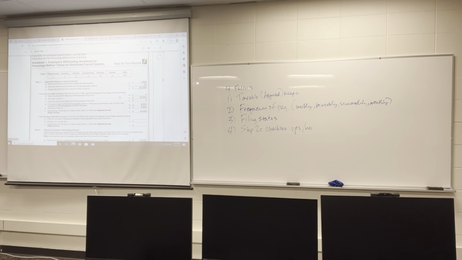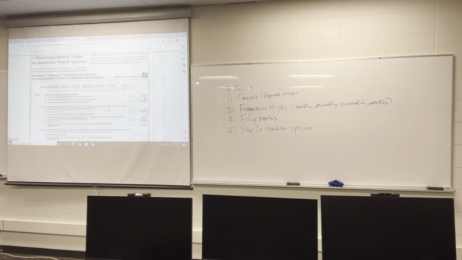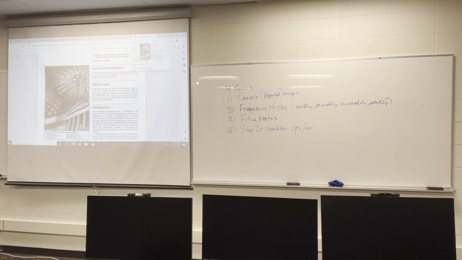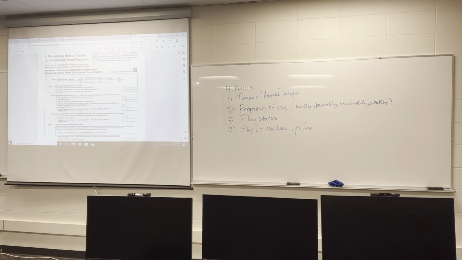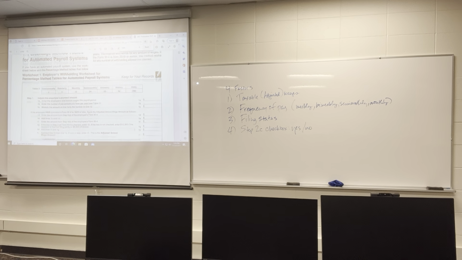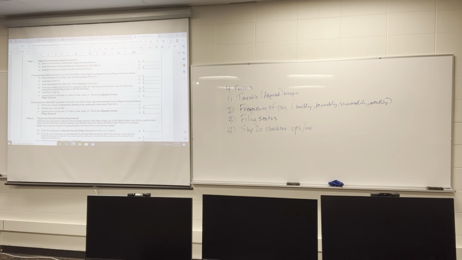Okay, and then all the calculations. Now this 8,600, there's a box here. I know this is hard to see. Maybe I'll pull it up on here. This is a little easier. If the box in step 2 of form W-4 is checked, this is the check box, enter 0.